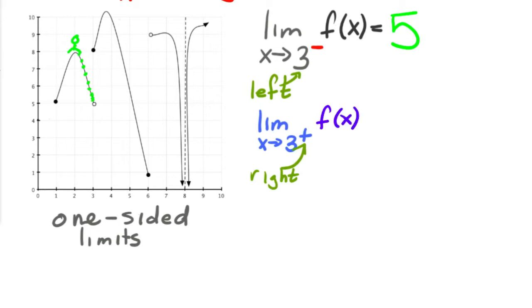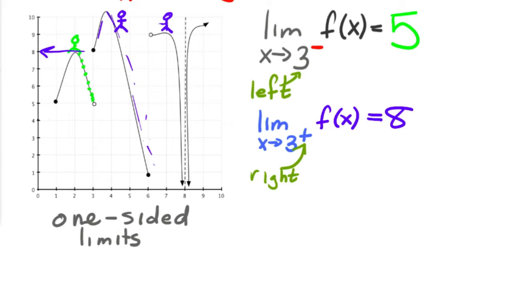This time you're standing on the right side of x equals 3, and you can be anywhere on the right side. You can be even over here, then jump down right here, like Super Mario Brothers. Anyways, as you get closer and closer to x equals 3, you're approaching a y value of, this time, 8.